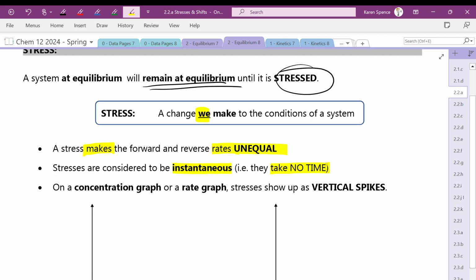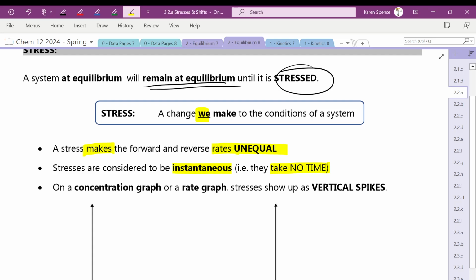And if something takes no time at all on a graph, what does that look like? If something is increasing in no time at all, it just goes up, straight up, vertical. Okay, because if it goes up on an angle, that means it's taking some time. It's going up as time progresses. But if it takes no time, it's vertical.